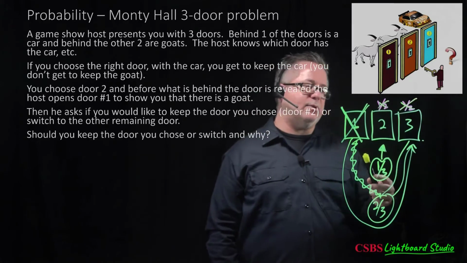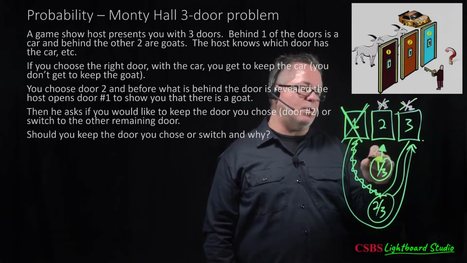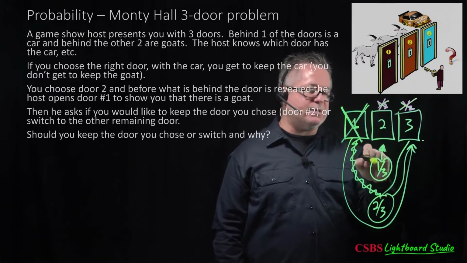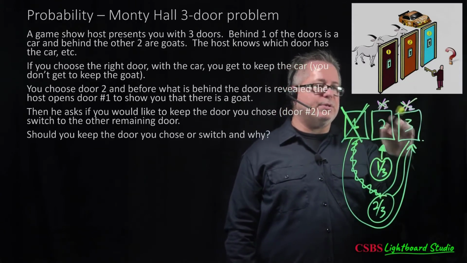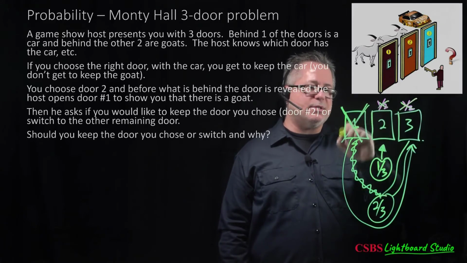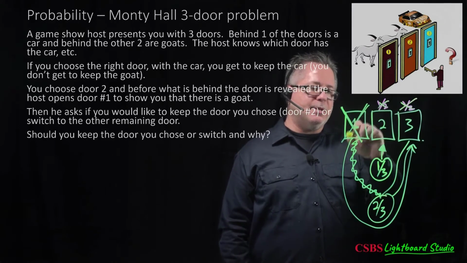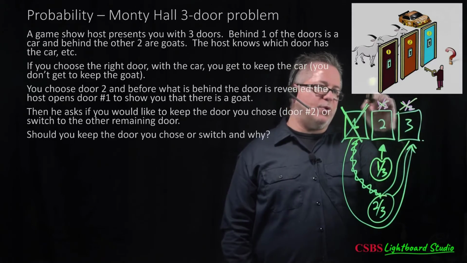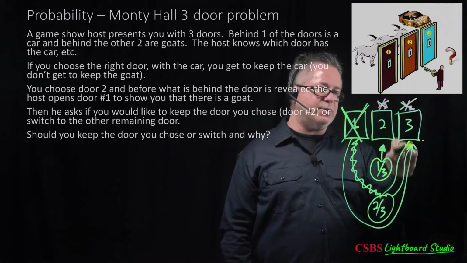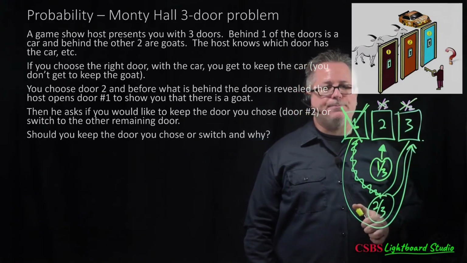It actually ends up being the case that the 1/3 that you originally had when you picked the door stays the same. The 2/3 that covers the other 2 doors doesn't go away. It's just as this one gets eliminated, that 1/3 gets transferred over to this door, so that your original door still has 1/3, but the other door now has a 2/3 chance of being selected.